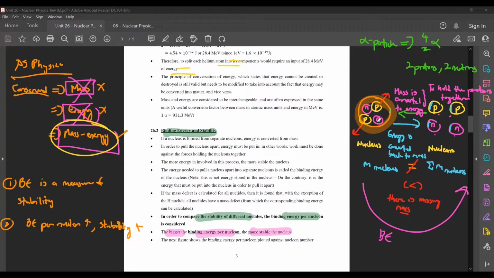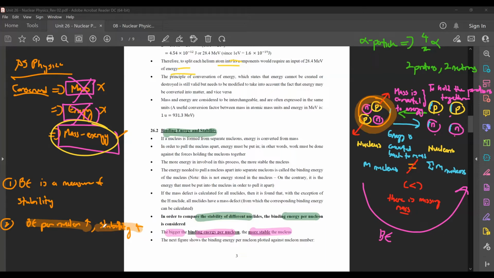If you need less energy to pull it apart, that means it is less stable. That's why here, when we tell you something has higher binding energy per nucleon, it tells you that for one nucleon, you need to put in more energy to separate it. So when you need to put in more energy to separate it, obviously this implies that the nucleus is more stable.